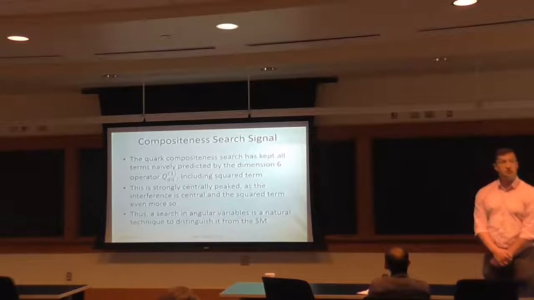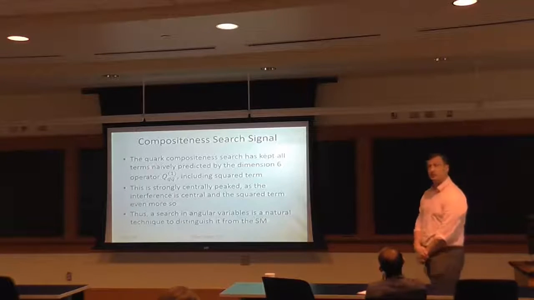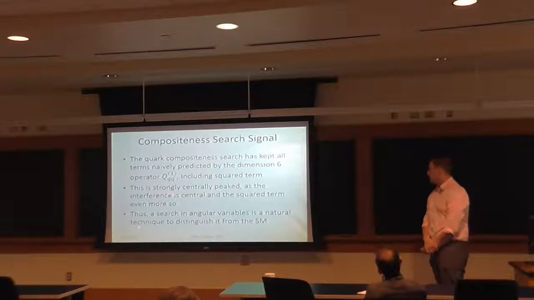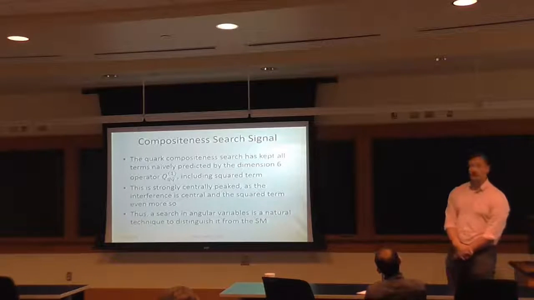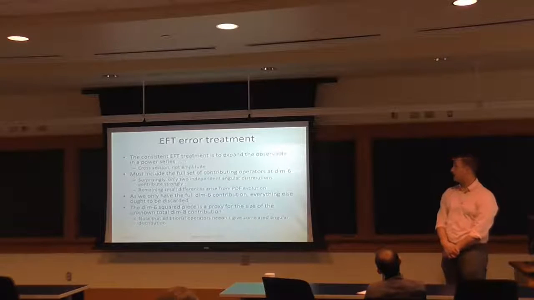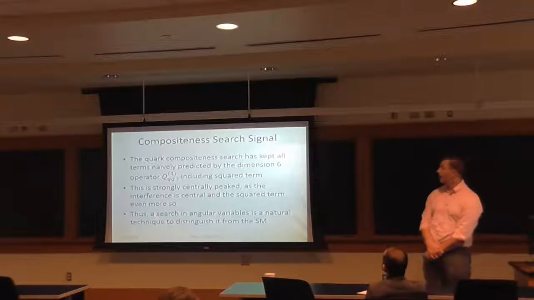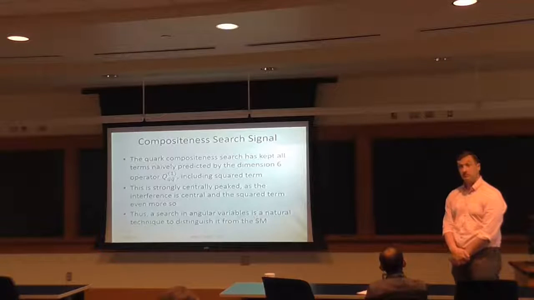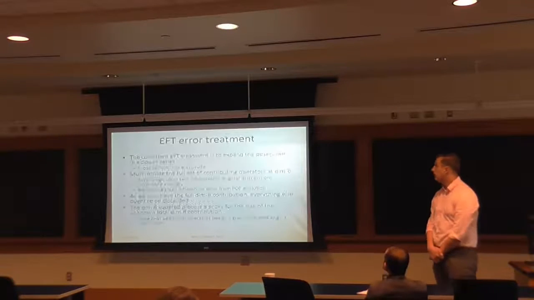It contributes most to central interactions, which is what you expect for a heavy new particle generally, right? So a search in angular variables was a natural technique there, and what they did is they normalized out the cross sections and searched in the angular distribution of the jets alone.